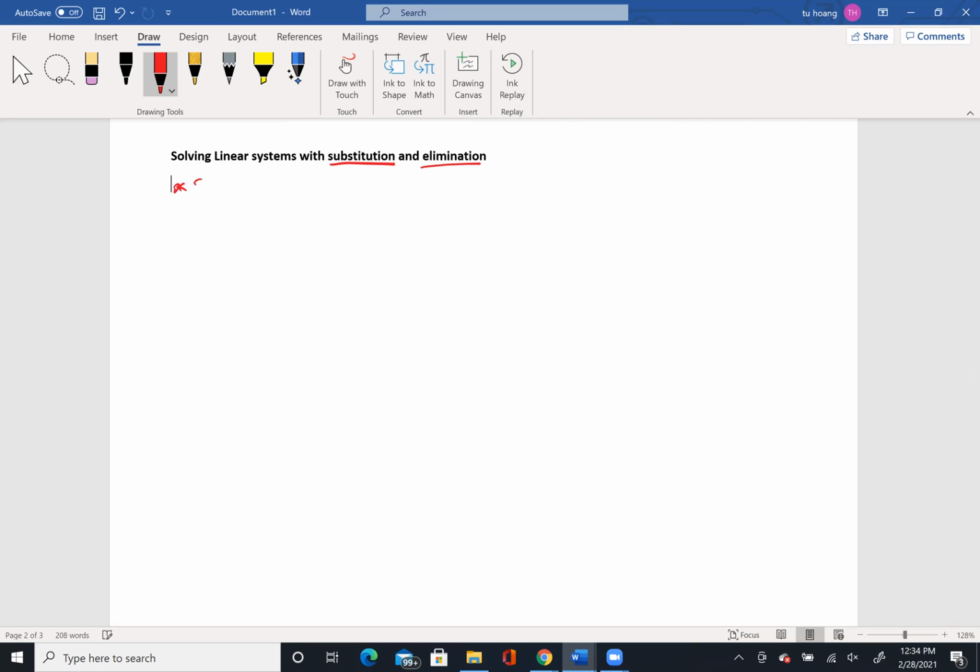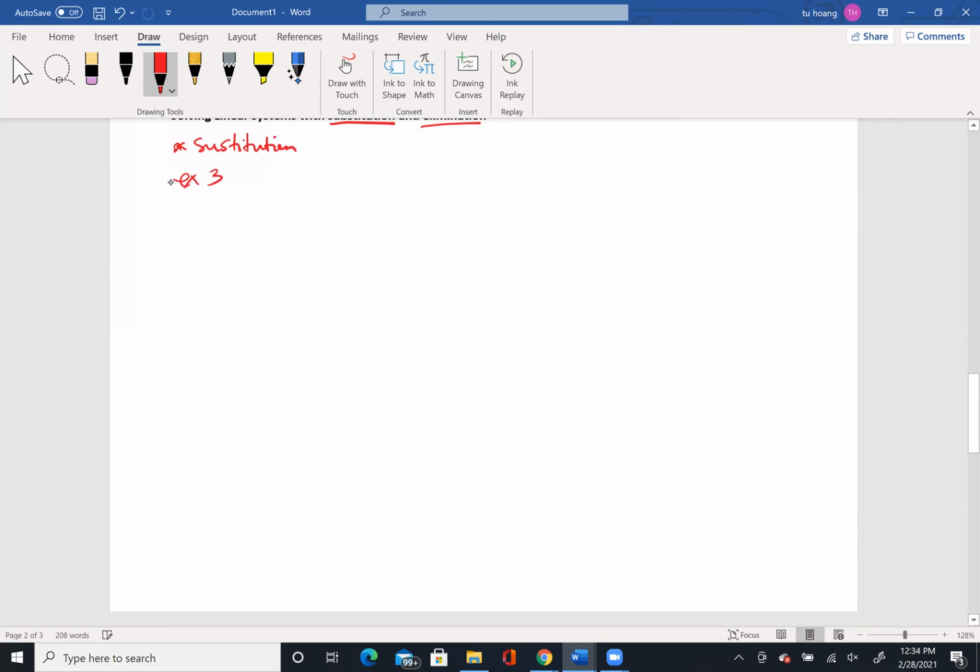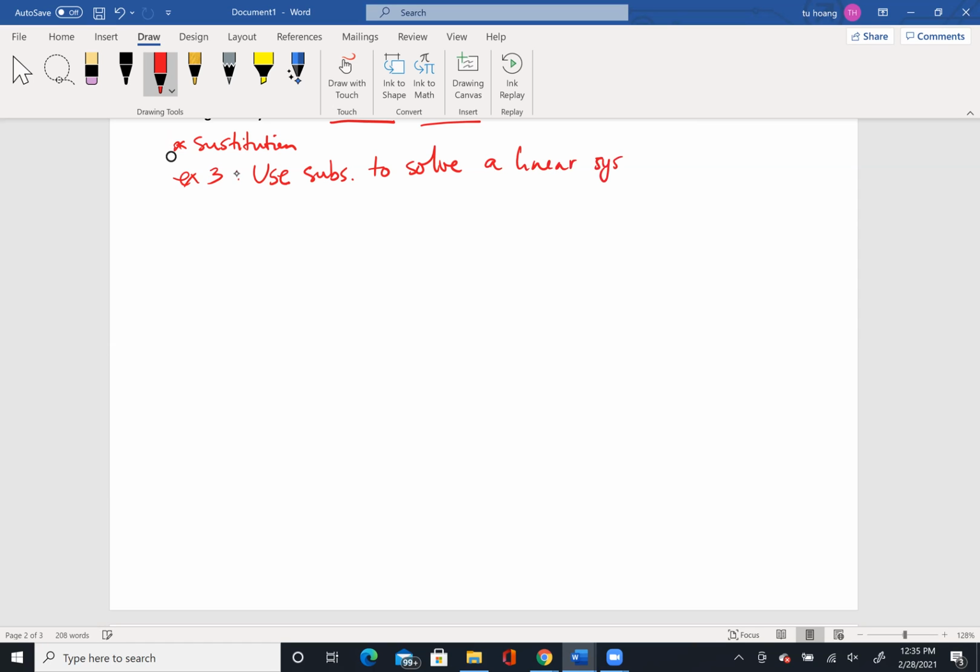So I'm going to have substitution. Let's do an example. So I have example number 3 here, right? Use substitution to solve a linear system.